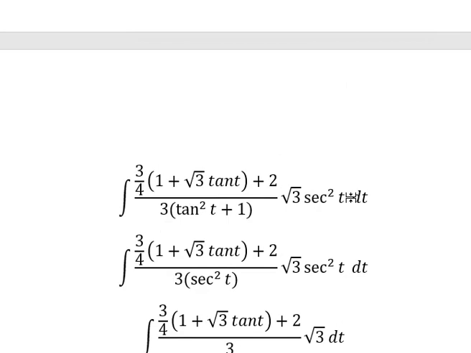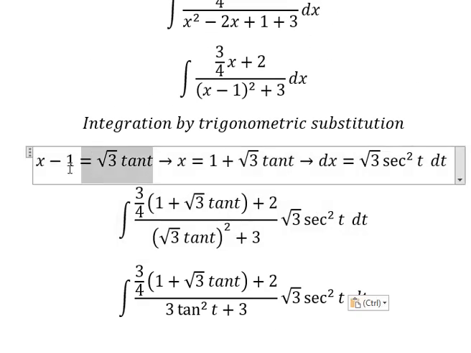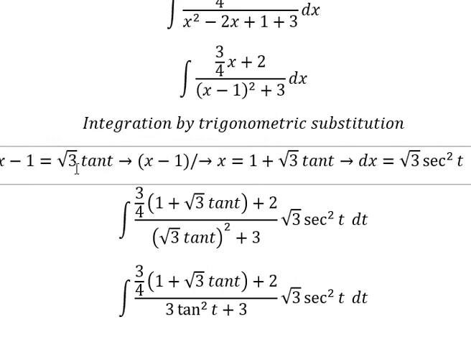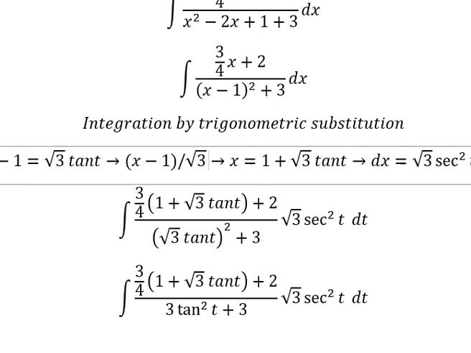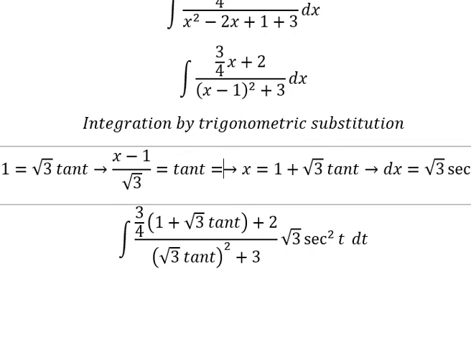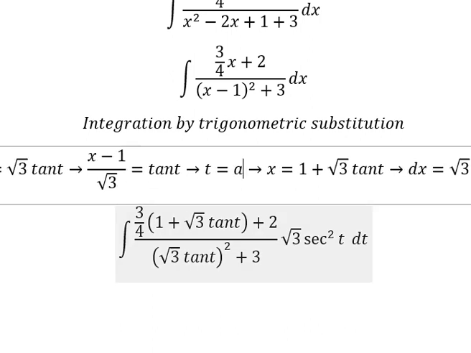About t, that's this one. So we divide both sides by the square root of number 3. Later we can use inverse trigonometry, and we get the final answer.